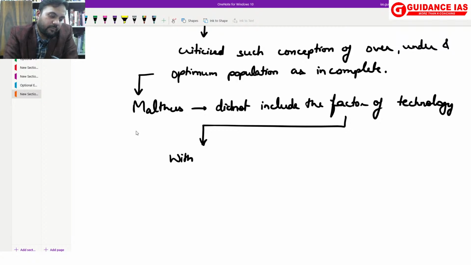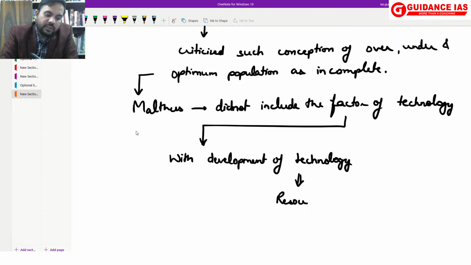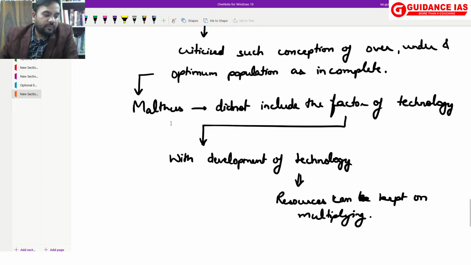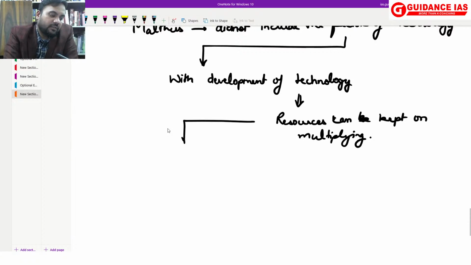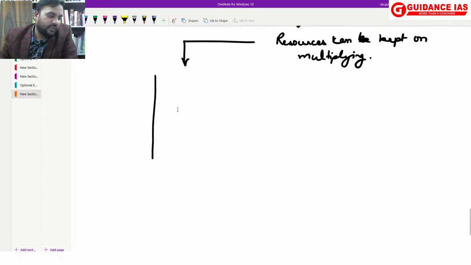With development of technology, resources can be kept on multiplying. So for them, what they are simply trying to say? They are trying to say something like this.